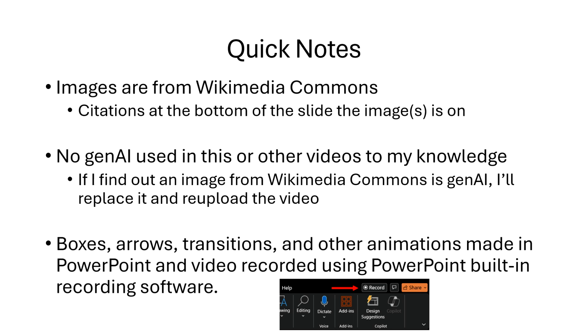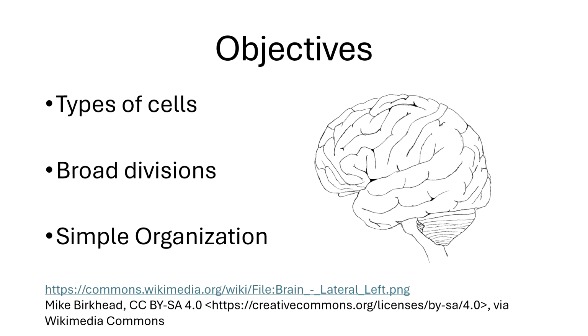So yeah, with that out of the way, let's go to our objectives in this video. I'm going to experiment with putting objectives in these videos, not only to help set expectations, but to also give me more help in keeping the video from being too rambling. In this video, we're going to go over three things.